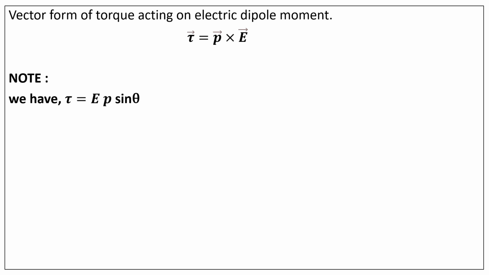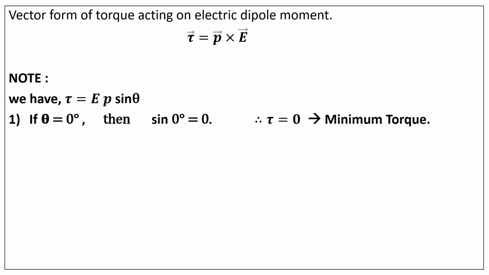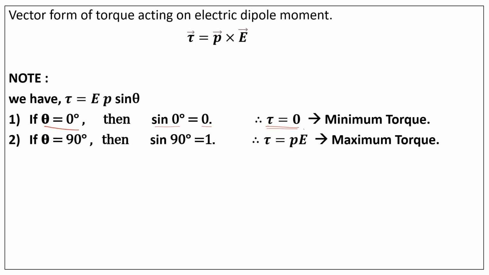Note: we have τ is equal to EP sin theta. 1. If theta is equal to 0 degree, then sin theta is equal to 0. Therefore, τ is equal to 0. That is, torque acting on electric dipole is minimum. 2. If theta is equal to 90 degree, then sin theta is equal to 1.